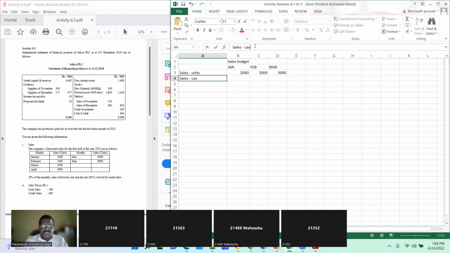I will put cash first, then, of course, credit. I think you will agree it is straightforward. I will take the figure of 2000. From the 2000, according to the question, 20% is cash sales, and the selling price would be 580. So that is my cash sales.